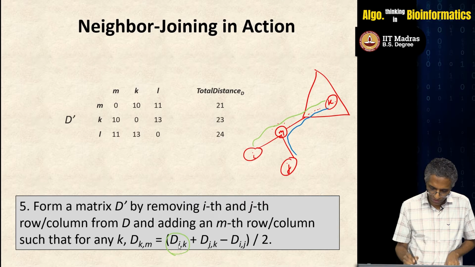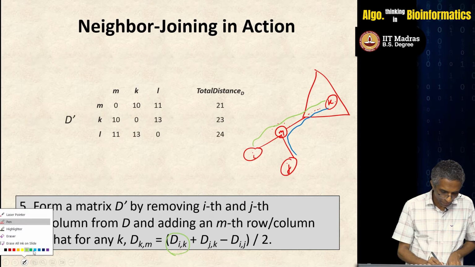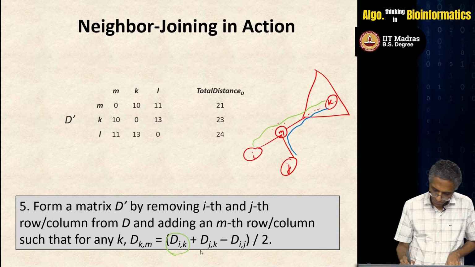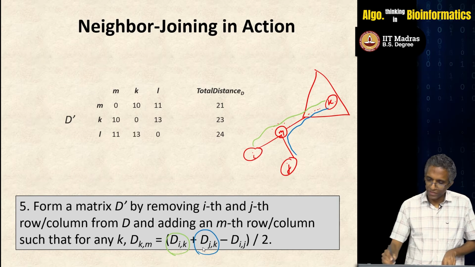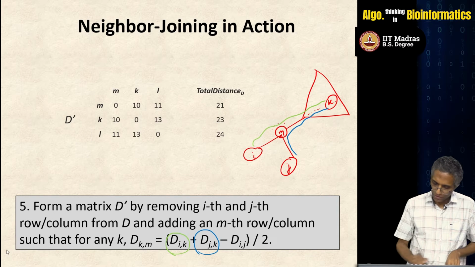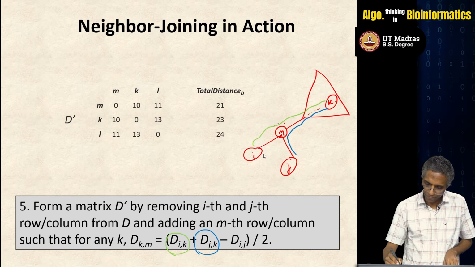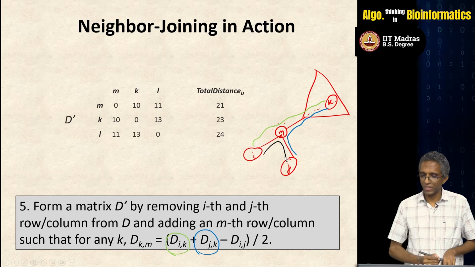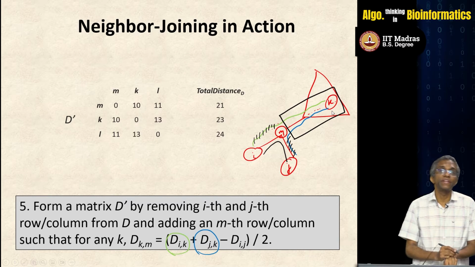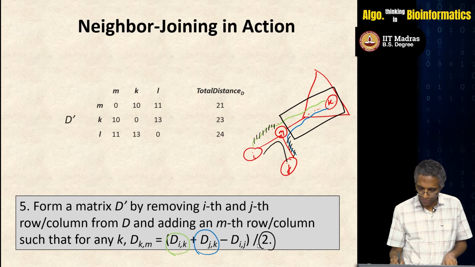So, this is i to k, this is j to k, and then you have to subtract i to j, right. So, then these parts are removed, then this will give you this m to k, but 2 times you are accounting it, right. So, then you have to divide it by 2, right.